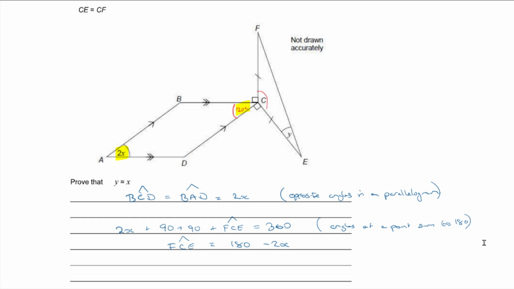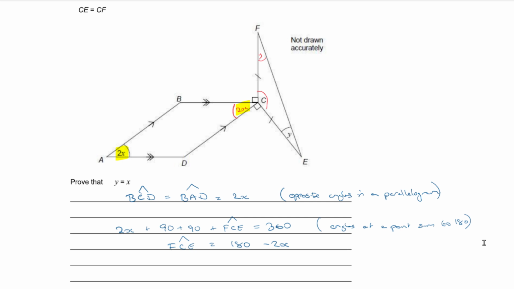Okay, and then that triangle there is isosceles, isn't it? So in isosceles triangles, base angles are equal. So that one up there is also y. And so if I take what I've got away from 180 and divide by 2, then I'll find the base angle.